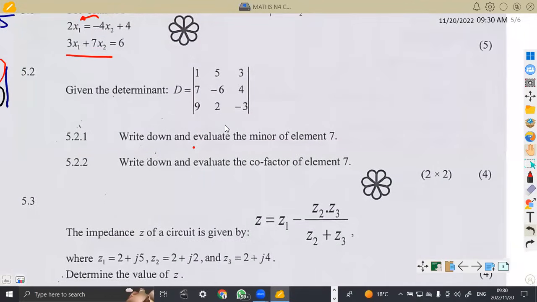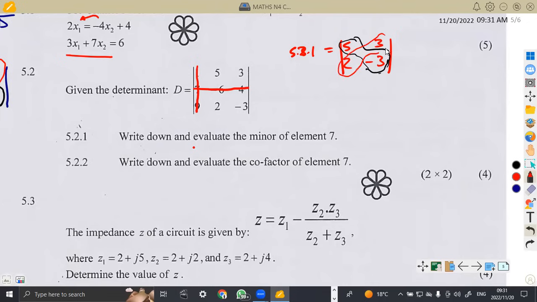5.2, write down and evaluate the minor of element 7. So the minor, remember guys, we just have to close the row and the column where there is 7. So we are left with 5, 3, 2, and minus 3. Then we calculate the determinant of that, which is 5 and minus 3, and we subtract, just like what we did in the previous question, guys.